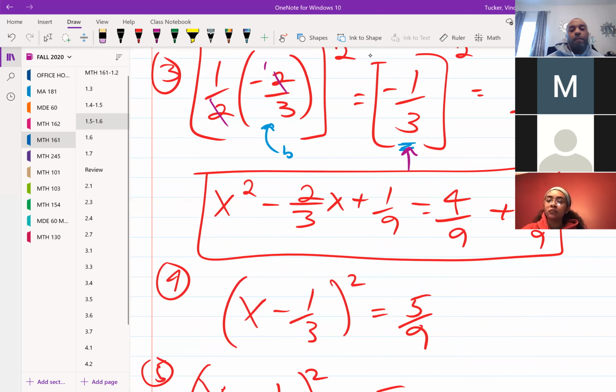So step 4, want to factor and simplify. So once again, half of my b term, that -1/3, is what goes in the parentheses with my x. So it's x minus 1/3 squared. Then 4/9 plus 1/9, 5/9.